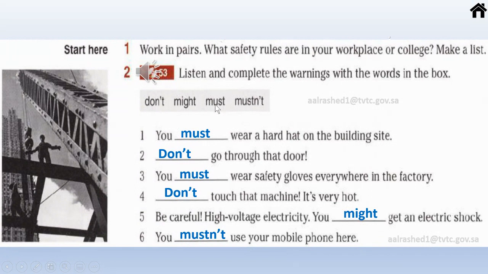The third one is must. I use must if I want to tell you that you are ordered to do something, like 100%.